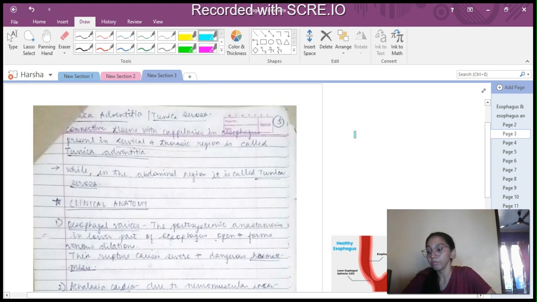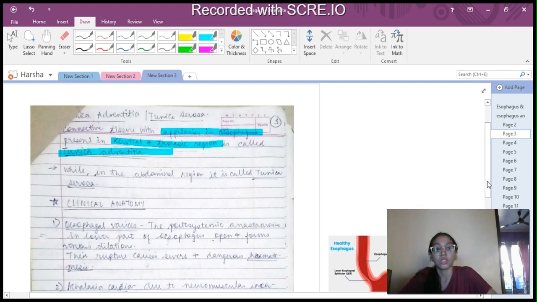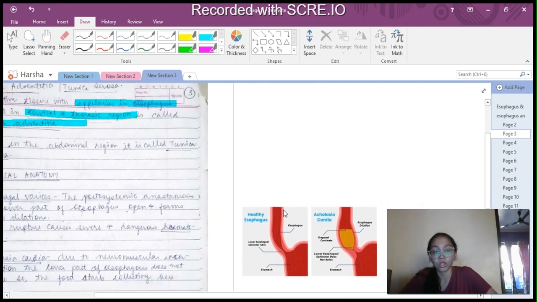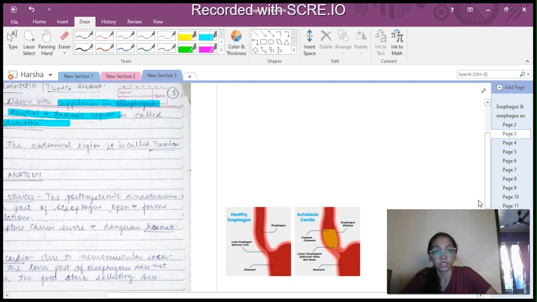Then the last layer is tunica adventitia. It is connective tissue with capillaries in the esophagus in the cervical and thoracic region, known as tunica adventitia, while in the abdominal region, it is called tunica serosa. This is about the histology of the esophagus.